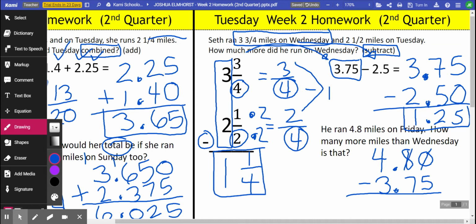So 0, we cannot take away 5. We don't have 5, so we need to borrow. So 10 minus 5 is 5. Then 7 minus 7 is 0. And then 4 minus 3 is going to be 1. So let me check and make sure we got this here.